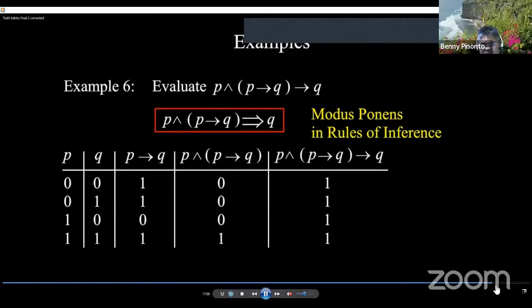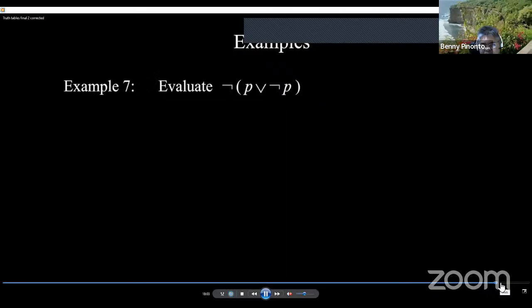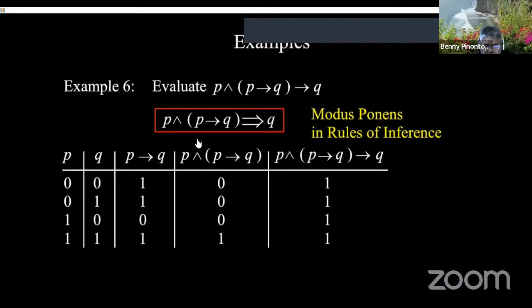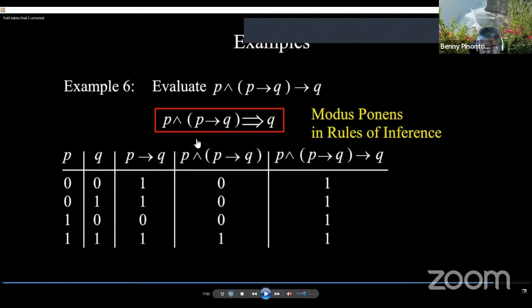And you can associate this with the following. Suppose that we say that if it is raining, then I'm not going to campus.